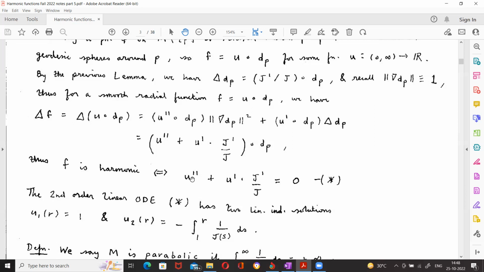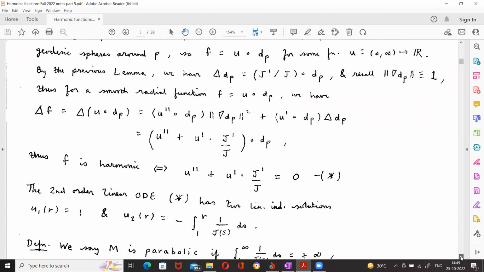The Laplacian becomes u double prime plus u prime times j prime over j. So if you like, this is the Laplacian in radial coordinates. This should be 0, so you get a second order linear ODE, and this is easy to solve explicitly.